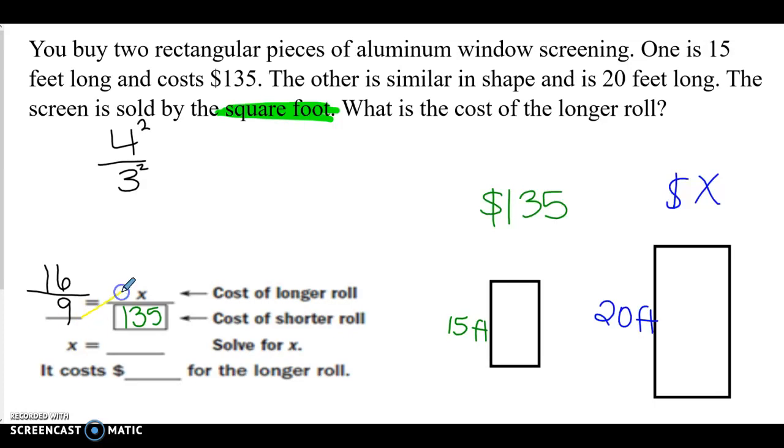I'm gonna take 9 times x, and I'm gonna take 16 times 135. But 16 times 135 is 2,160.